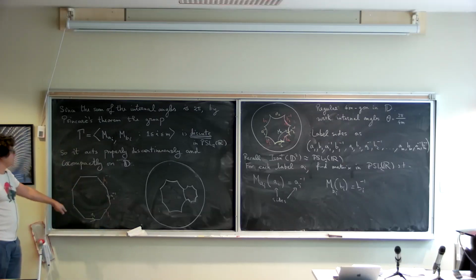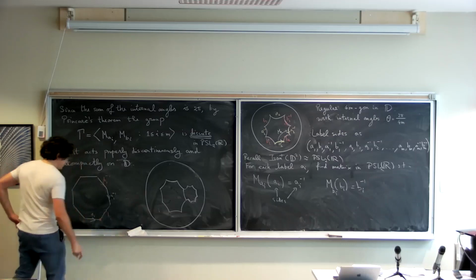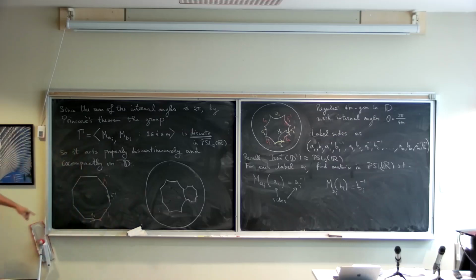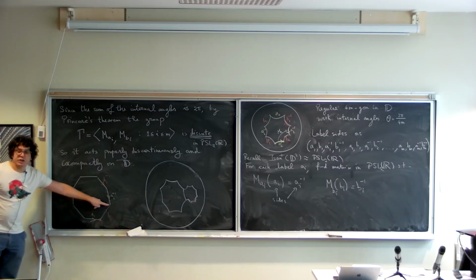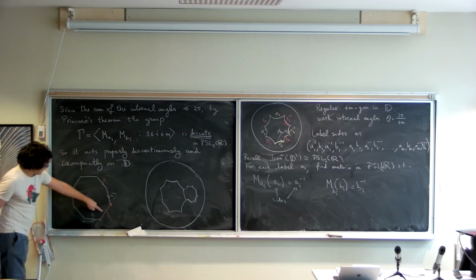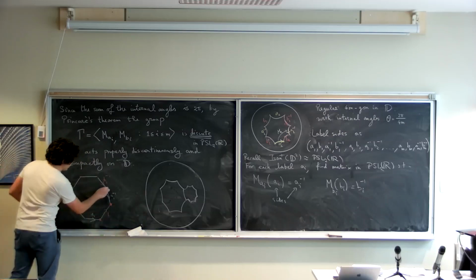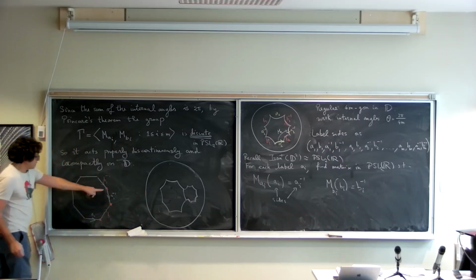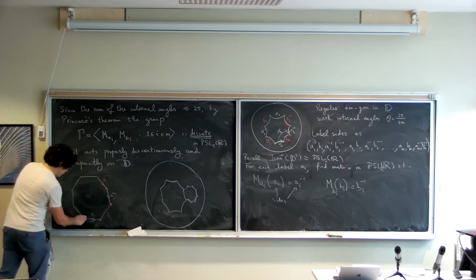If you take this vertex, where is it identified to? This is the head of A1, so the head of A1 is also here. But this is also the head of B1, so the head of B1 is also here. But then this is also the tail of A1, so the tail of A1 is also here.